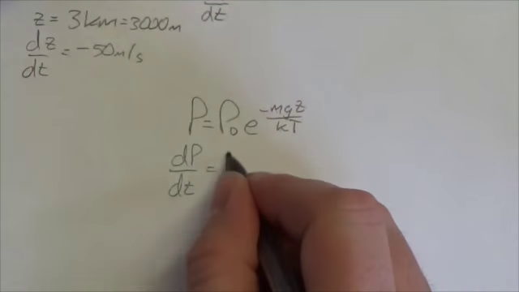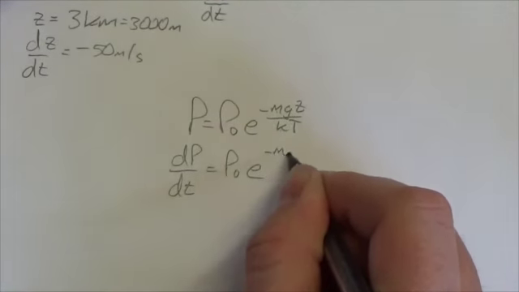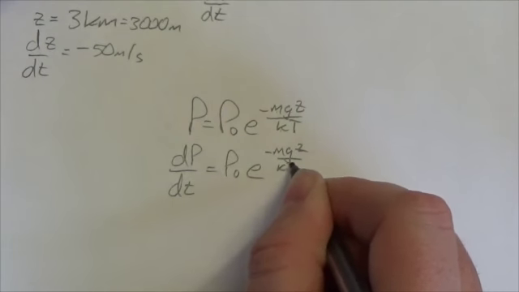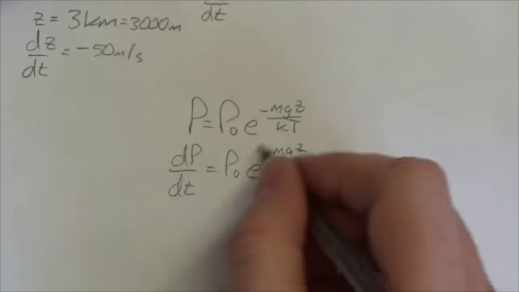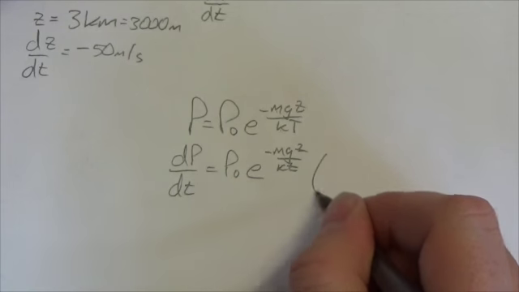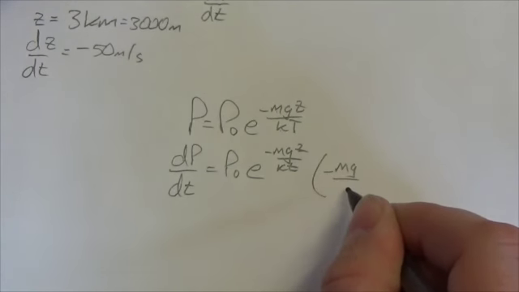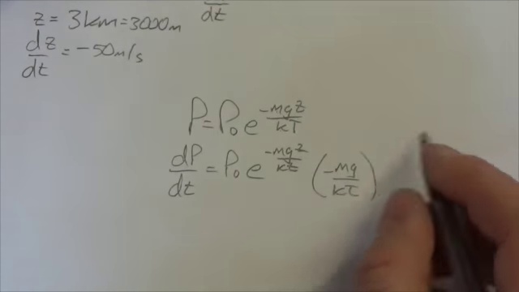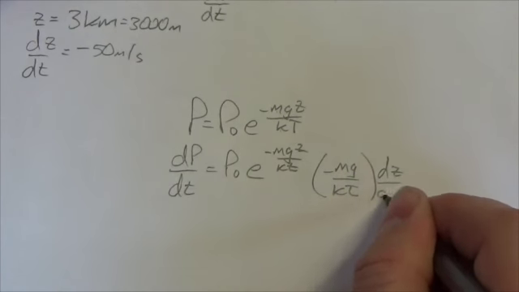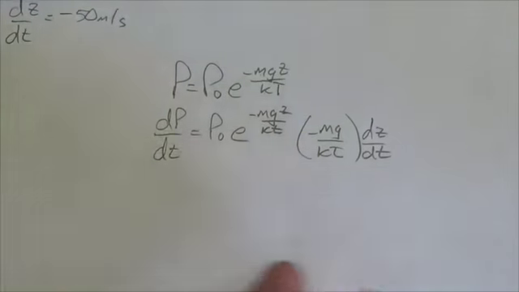So the derivative of this is going to be P naught e to the negative mgz over kt. Then we multiply by the derivative of the exponent, which is negative mg over kt times dz by dt, because of how that changes in time.